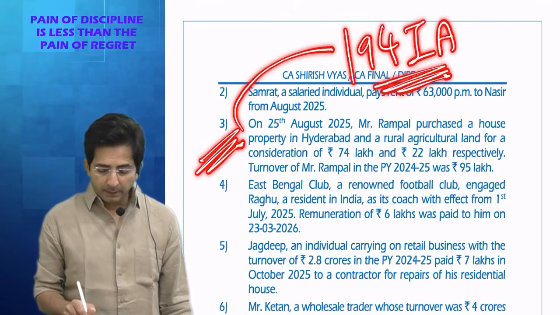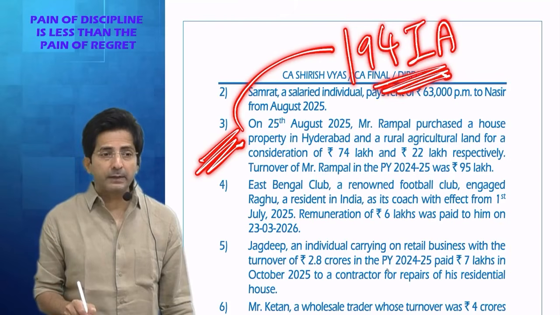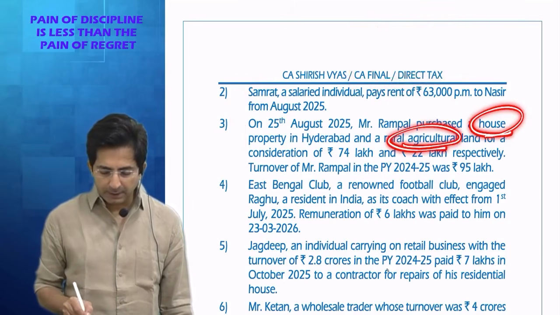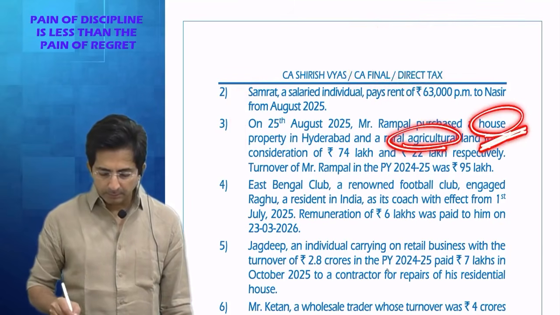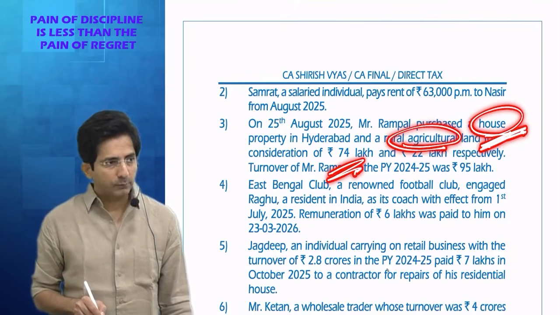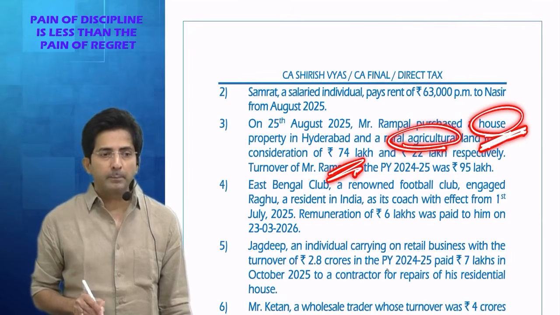Here you have to see per transaction 50 lakhs or more. Per transaction. So there are two transactions. One is of the house, other is of agriculture land. For the house transaction, it is 74 lakhs, greater than or equal to 50 lakhs, so TDS will apply at the rate of 1%.